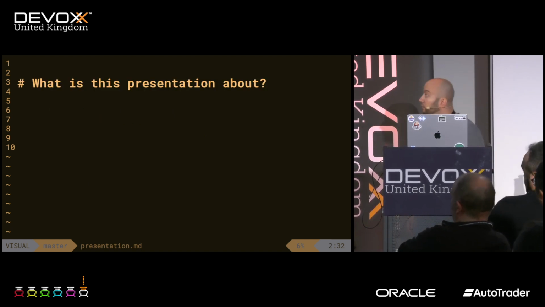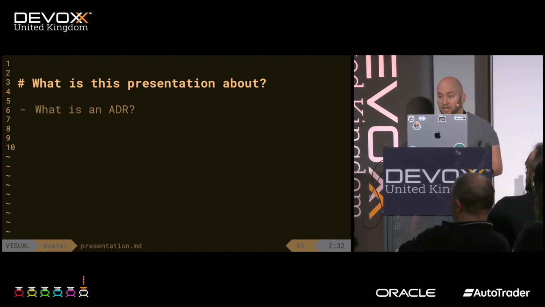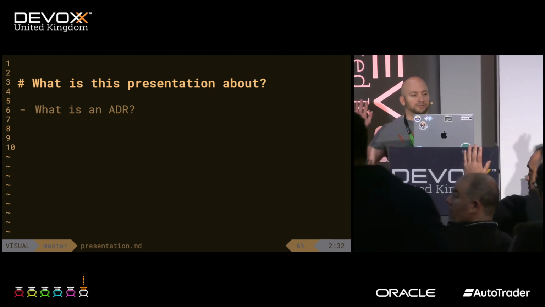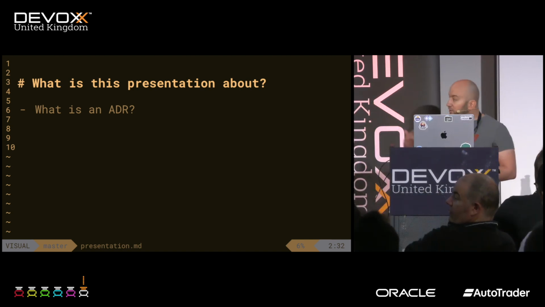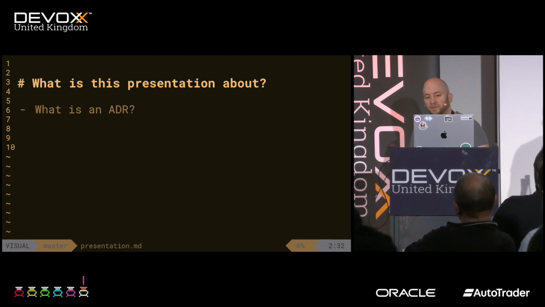But let's see what we will cover through this presentation. So first of all, we will talk about what is an ADR. Hands in the air, who knows what is an ADR? Okay, I can see quite some people. For the rest of you, as you can see, we will cover the basics.